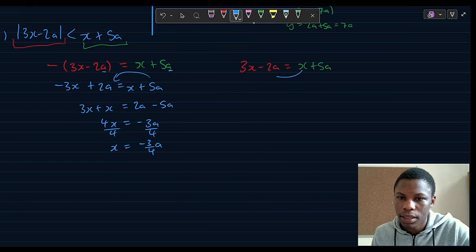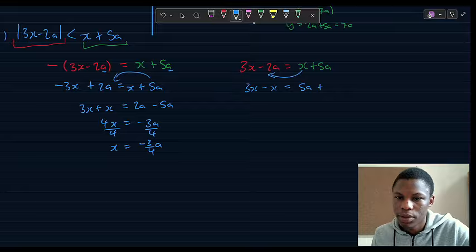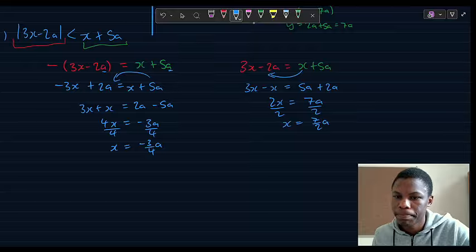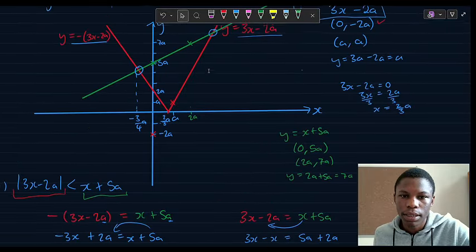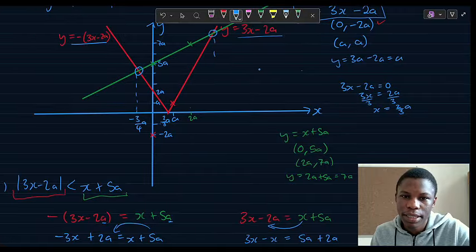Move the x to the left. So you've got 3x minus x is equal to 5a plus 2a. So 2x is equal to 7a. Divide both sides by 2. You get x is 7 over 2a. Nice. So that means this here is 7 over 2a.